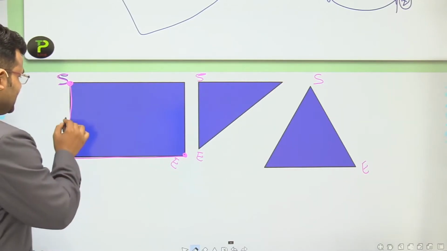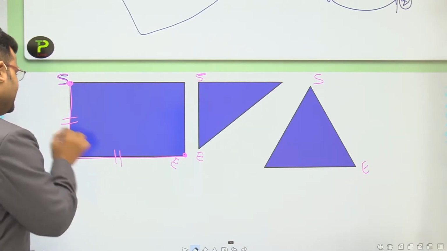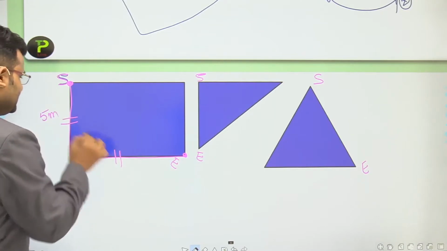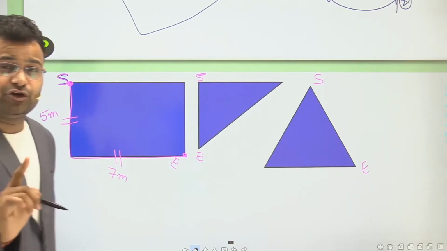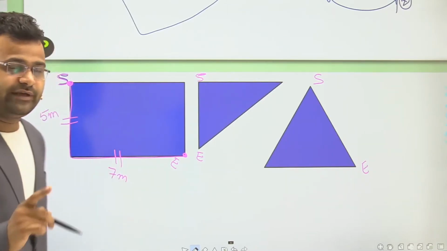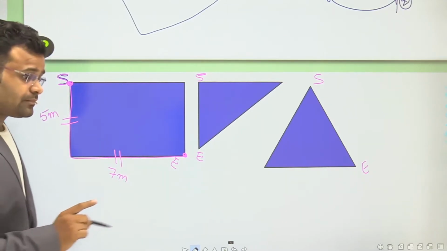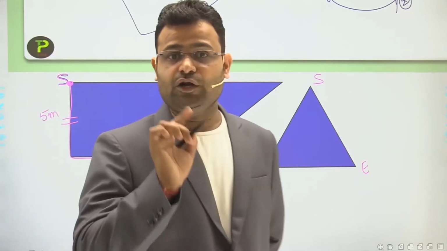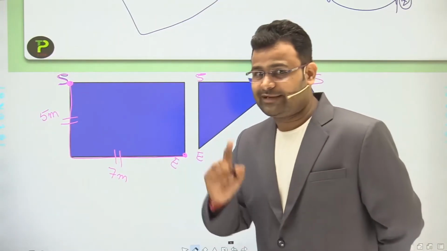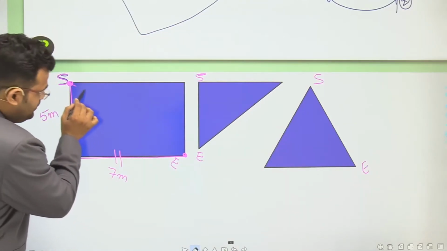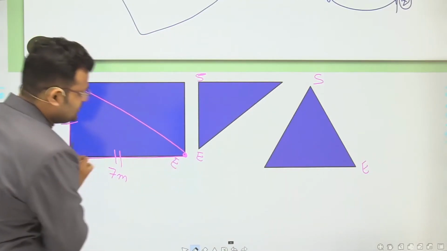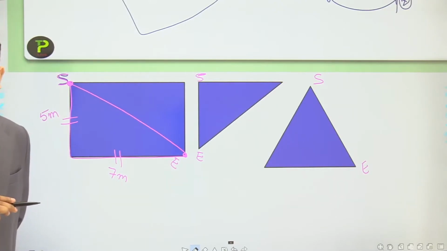When we measure that line and that line, let's suppose that is 5 meters and that is 7 meters, and calculate them, then we get the value of distance, not displacement. Dear students, if you want to calculate the displacement, our condition is the shortest path between initial and final position.